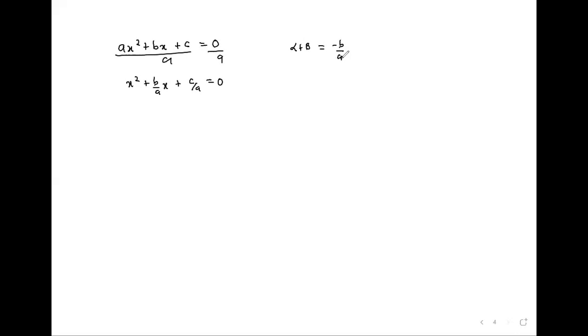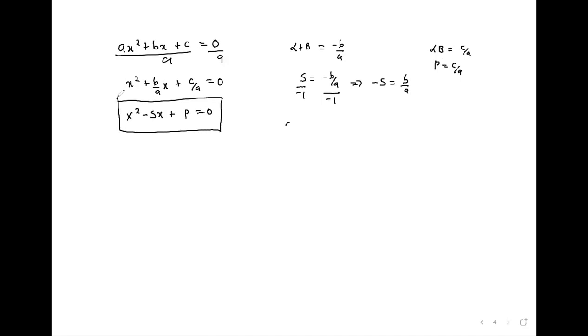So this alpha plus beta, if I say it is equal to s, we get negative b over a. If we divide by -1, we have negative s is equal to b over a. So where there is b over a, I now put negative s. C over a is the product of alpha beta, so where there is c over a, I put the product. This is a general equation.